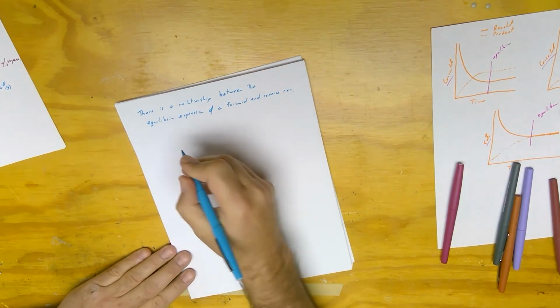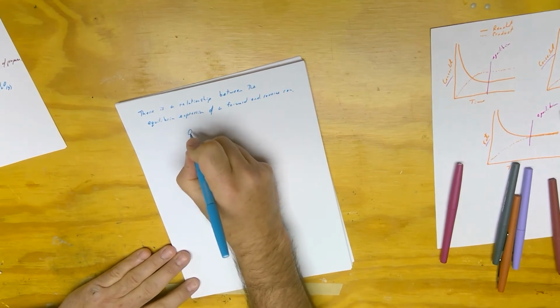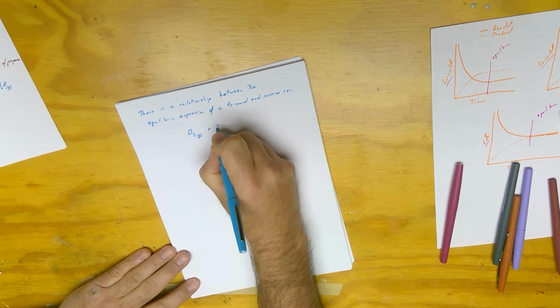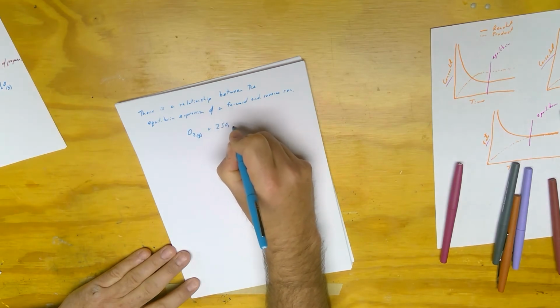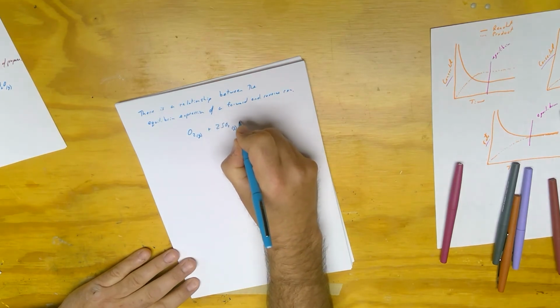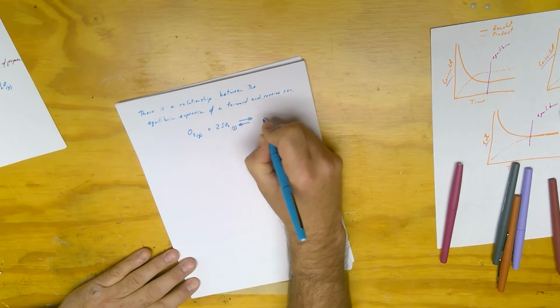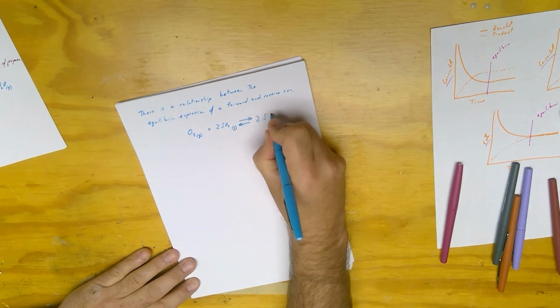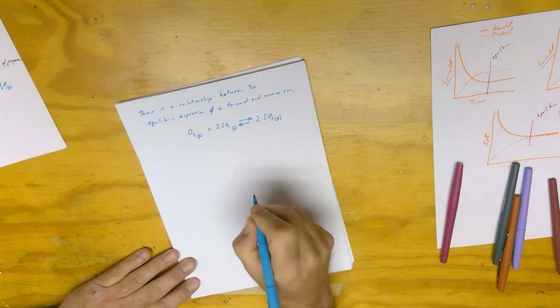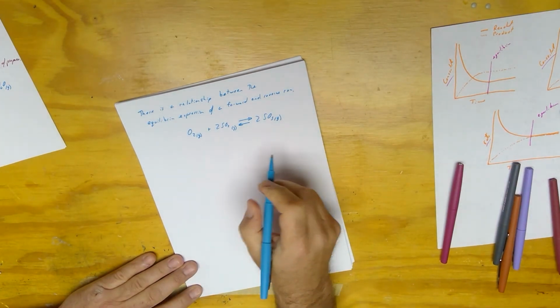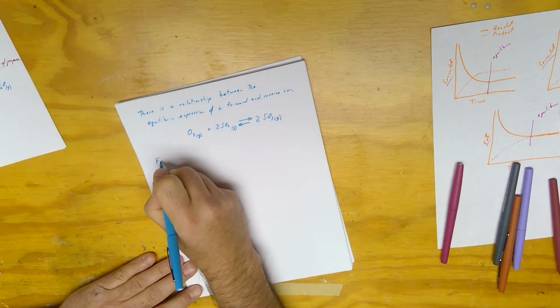Let's say that we have this equilibrium occurring, O2 gas plus 2 SO2 gas in equilibrium with 2 SO3 gas. Let's look at my forward reaction first.